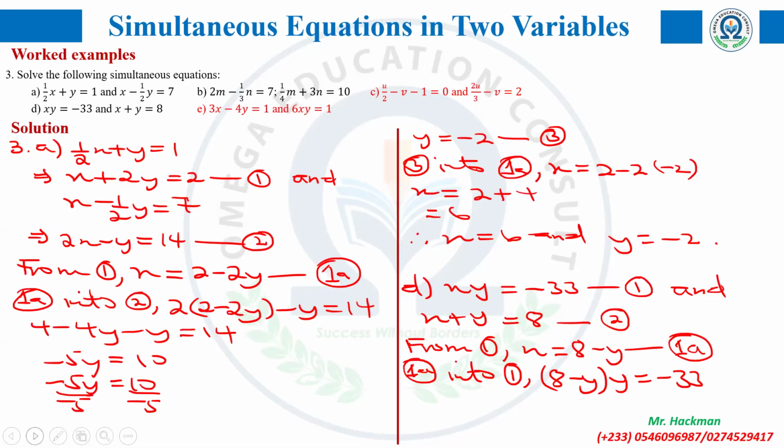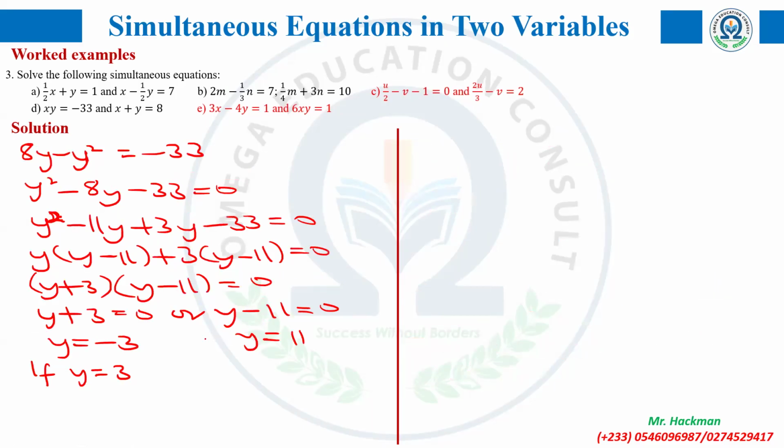Okay, so if y is equal to 3, remember, x will be equal to, let's look at the relation, we can get it even from here. x gives us 8 minus y. So it will be 8. Oh, y is equal to minus 3, not 3. Forgive me. So it will be 8 minus minus 3, so it will be plus 3. Is my point well made?